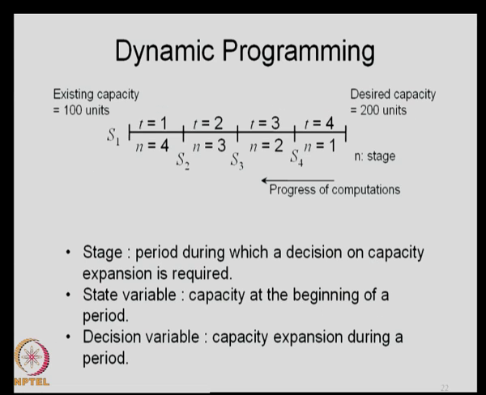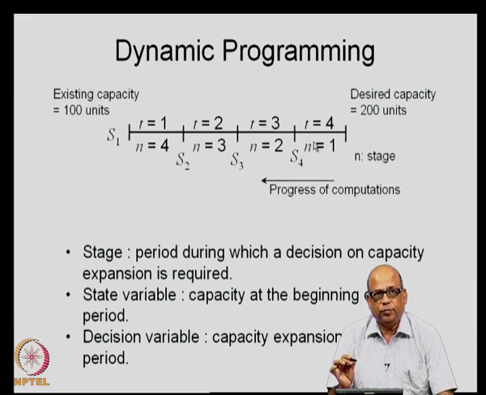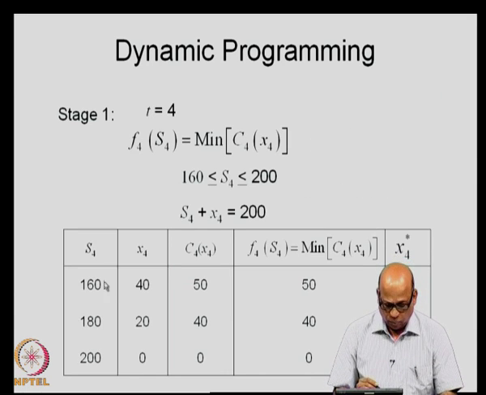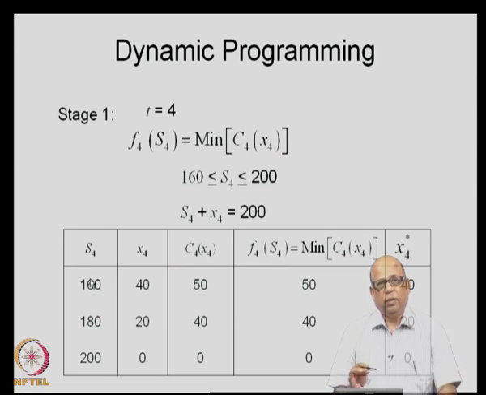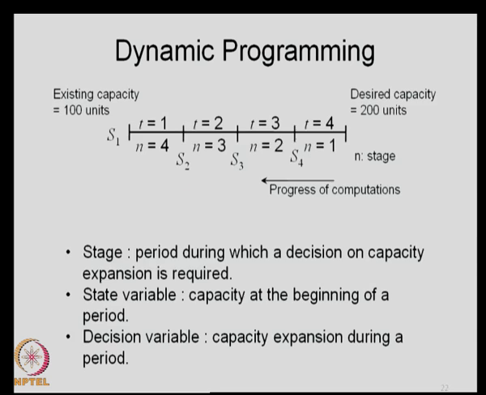Now, when you are standing at the stage number 4, this is t is equal to 4, you do not know what is the current capacity at this point. So, you will ask the question, if my current capacity is so much, what should be my decision for the next time period. So, S4 can start from 160 because the minimum required capacity at the end of stage 3 was 160.